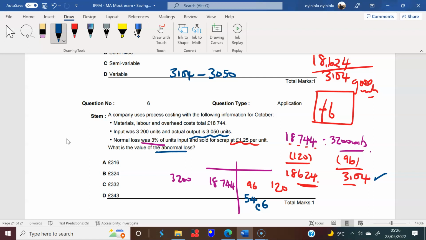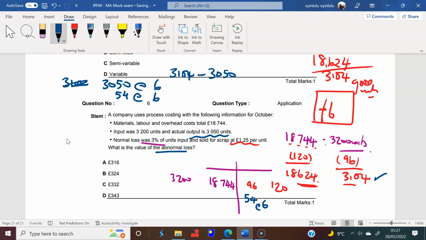So in the end, I have 3,050 good units at £6, and I have 54 units that have gone awry, or have been stolen, or have been inefficiently produced and aren't very good, also at £6.